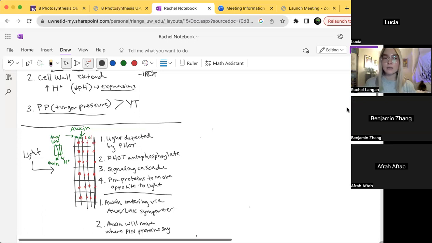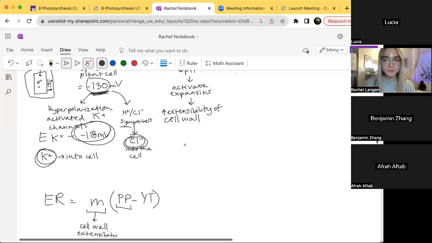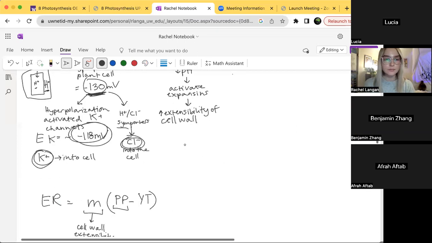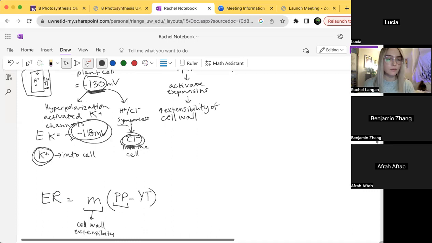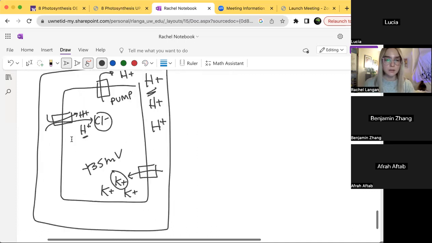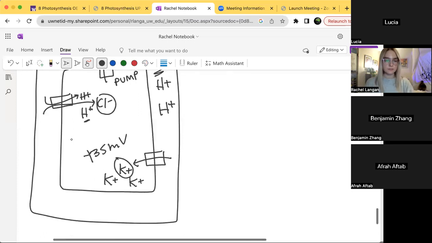Hello, so at the very bottom, could you label where the symplast, apoplast, and cell wall is, please? Because I was a little confused on where the pumps are pumping into, because I know the inside is the symplast, and that the hydrogen pumps are going to the cell wall, but then I'm wondering where's the apoplast? Apoplast is the cell wall, the extracellular area, and symplast is inside.